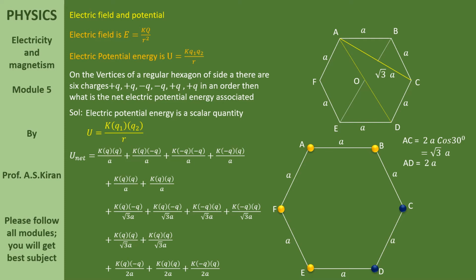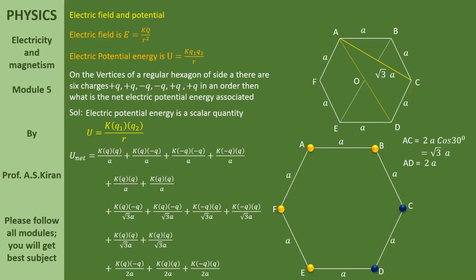With the pair EA: Q by root 3A. With respect to the pair EA, Q by root 3A. Plus with the pair FB: Q by root 3A. Isn't it? So with that, another set of pairs was completed.